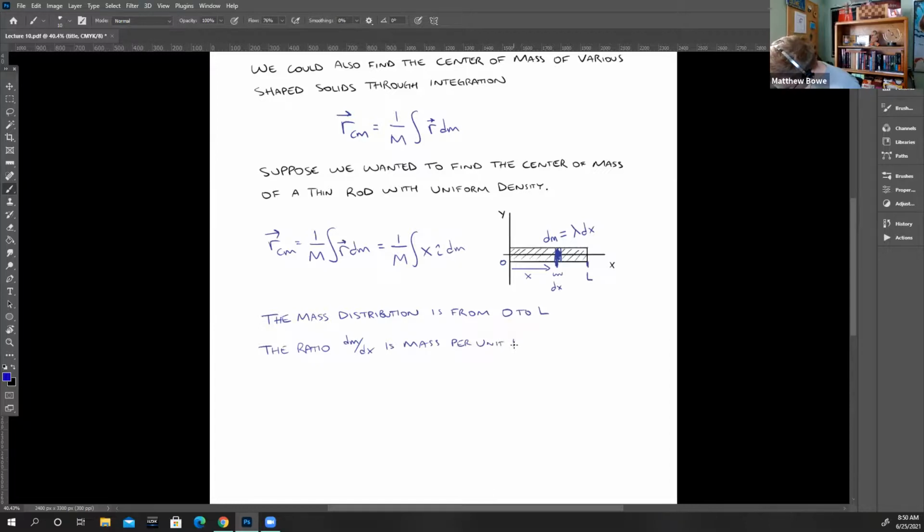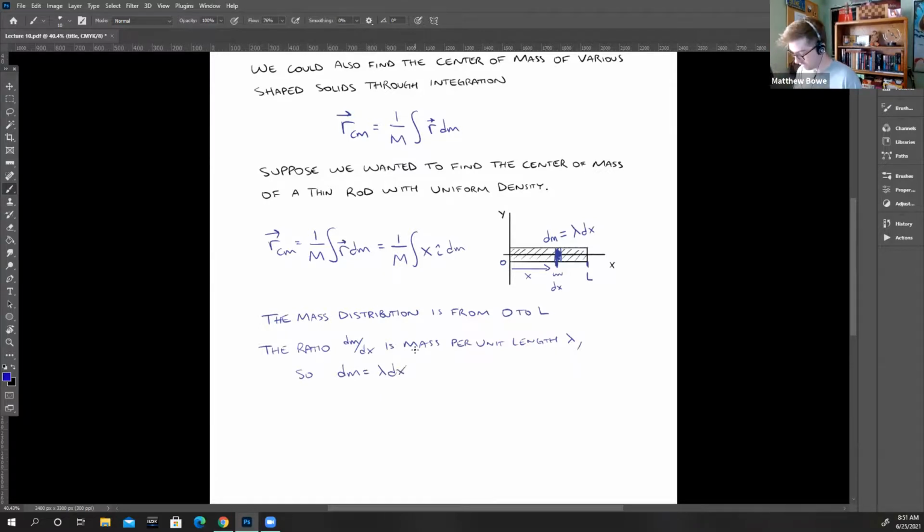And that is exactly what density equals, so dm equals lambda dx.